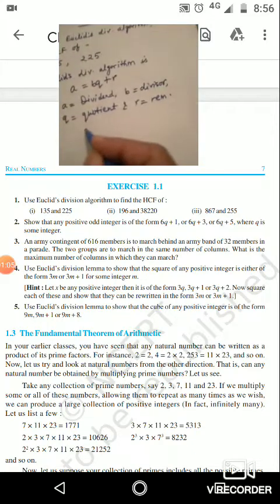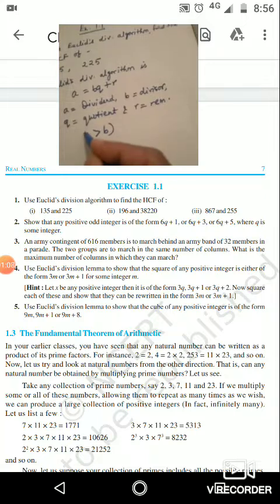And you also know A is always greater than B.